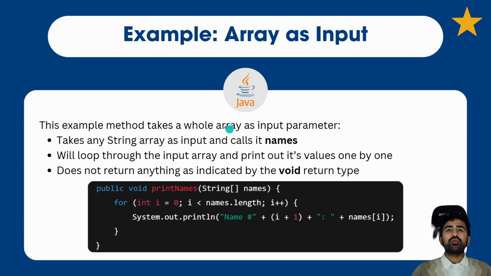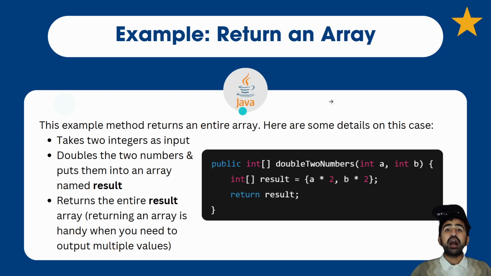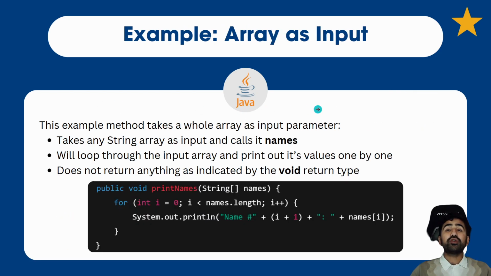All right, so just like you can output an entire array, you can also input an entire array. So this method takes a whole array as an input parameter, and typical with any array, right, we're gonna throw it in a loop so we can print it out. So it takes any string array as input and calls it names. So it might be like names in a classroom, right? Names in some group or company. And this method is going to loop through the names, right?